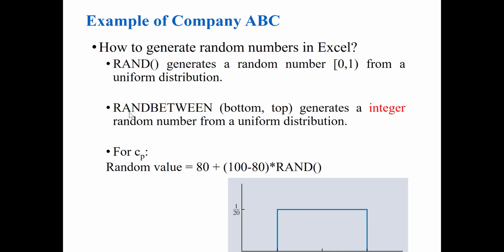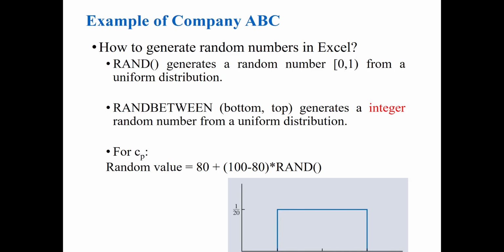But for example, for the CP, where we have a continuous value and not all integers, we cannot use RANDBETWEEN. We have to use the RAND function in a way that generates any possible numbers between these two values. If we have a continuous uniform distribution, we grab the minimum bound, which is 80 here, and then we compute the length of this distribution.